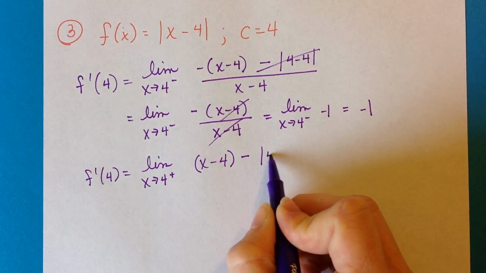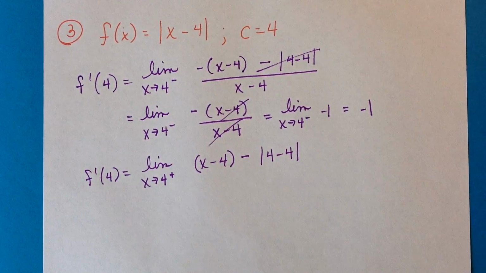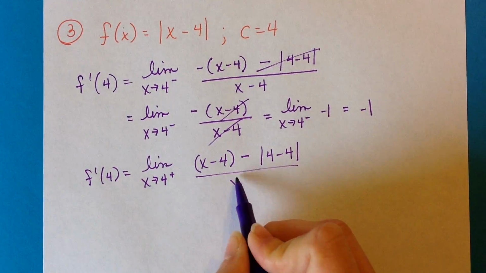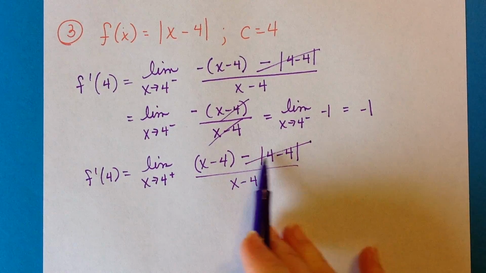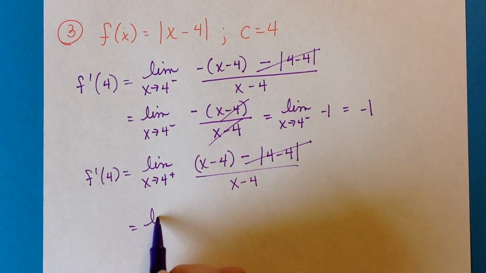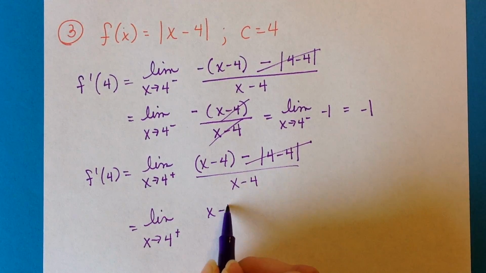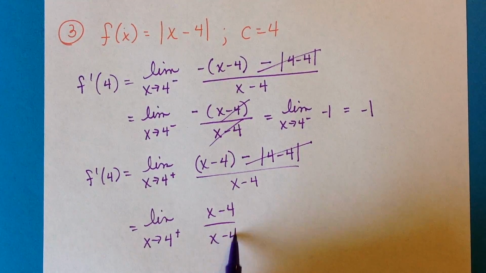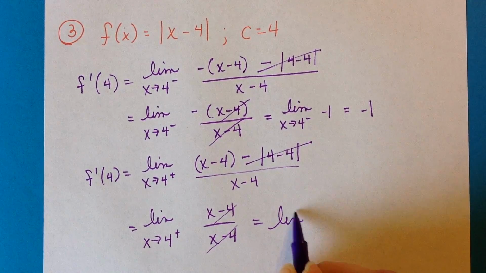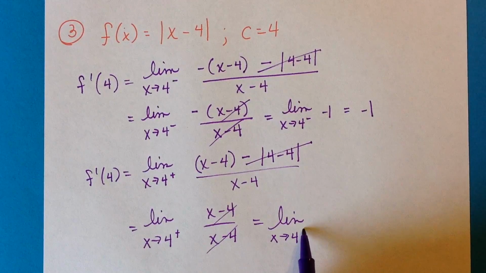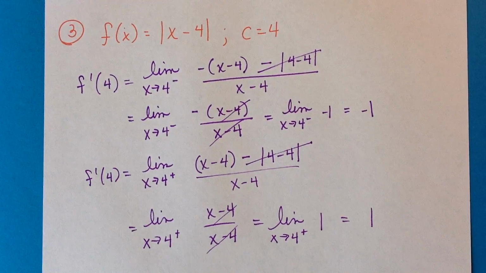Okay, then you subtract from that the function being evaluated at 4 divided by x minus 4. So again, this portion is going to just give me 0, so I'm left with just x minus 4 over x minus 4. So those are going to cancel out, which would leave you with just an understood 1, and the limit of a constant is that constant.